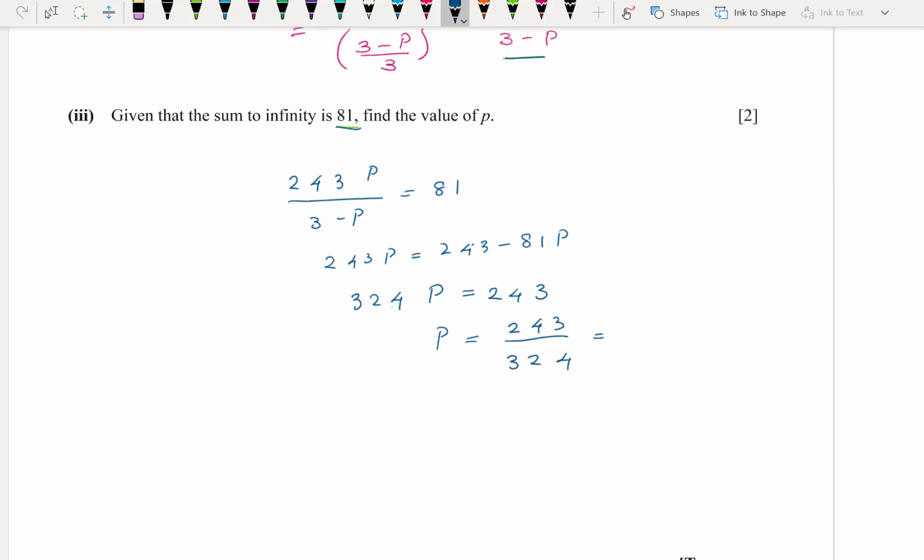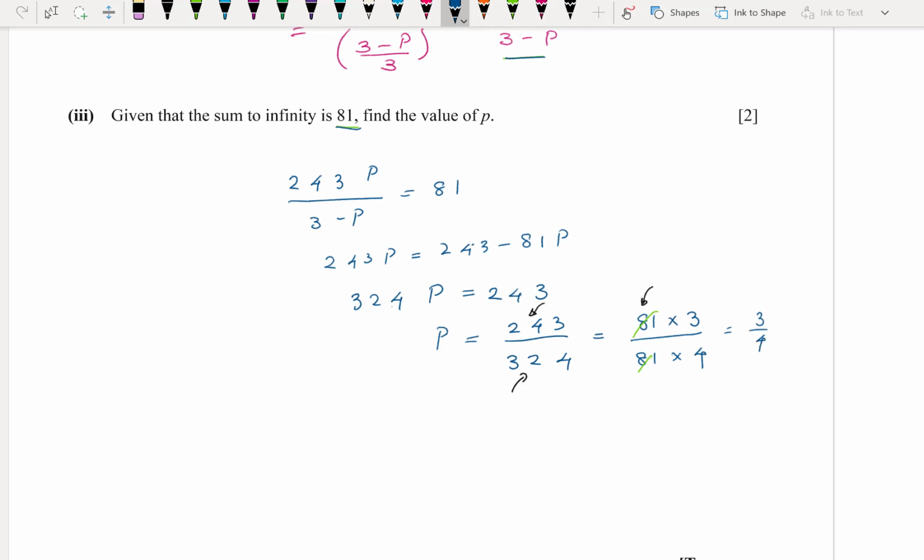Remember, Amrita, the top part I can factor out as 81 multiplied by 3, and the denominator is 81 multiplied by 4. How do I get this intuition? 8's multiplication table says 8 into 3 is 24, and 8 into 4 is 32. So we can intuitively reach that. Anyway, 81 and 81 will get cancelled out. It's just 3 by 4.